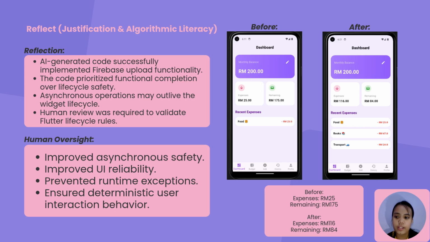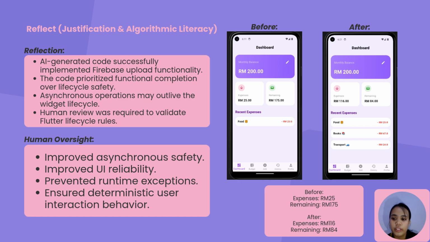For the reflection phase, the AI-generated code successfully implemented the Firebase upload feature, but it was more focused on functionality than widget lifecycle safety. These are two screenshots before and after adding expenses. You can see that the money is changing, and you can see the remaining and expenses balance.